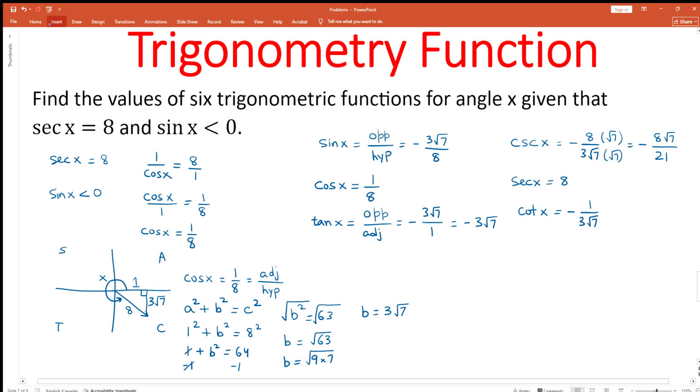We can rationalize this fraction by multiplying the numerator and the denominator by square root 7. I get negative square root 7 over 21. These are the values of the 6 trigonometric functions for angle x. So these are the steps you have to keep in mind to solve this problem.